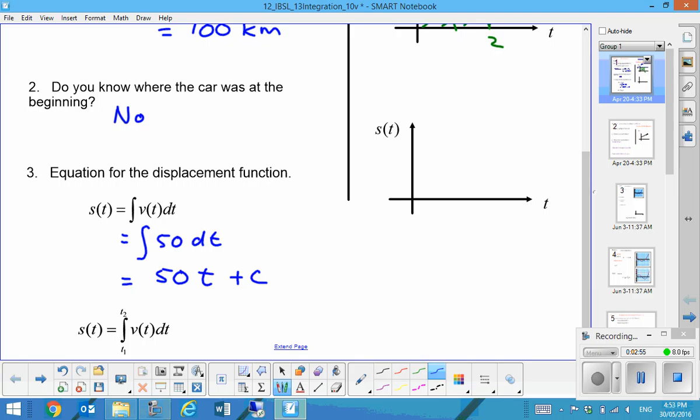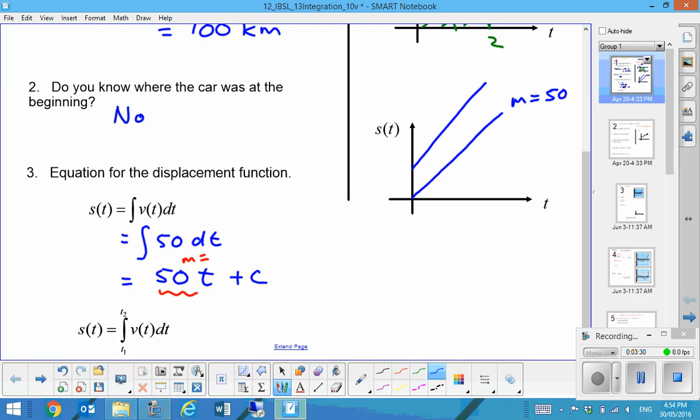And because we don't know any conditions about it, we don't know what to do with the c. So we know that our line, let's say, is starting at the origin. The gradient of this line is 50, because that's our y equals mx plus b. That's the slope of our displacement line. So this has a gradient of 50 kilometres per hour, but it could just as well be up here.